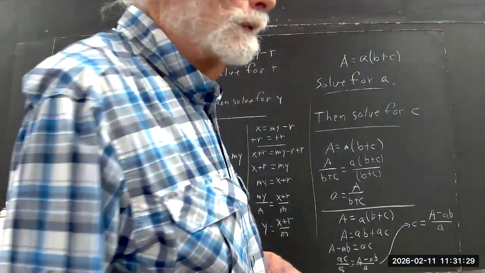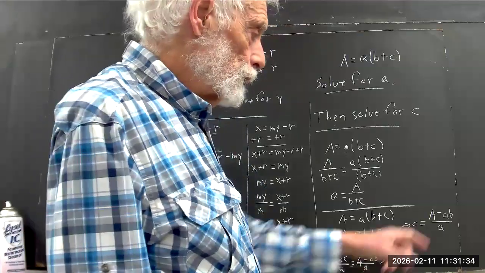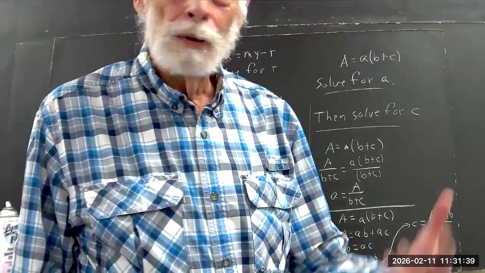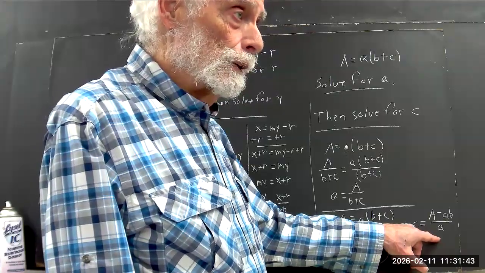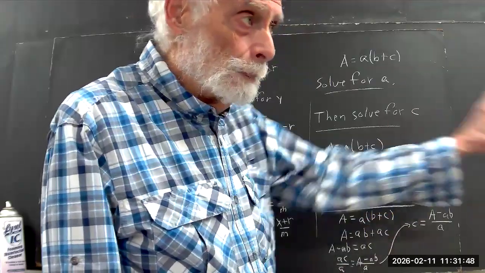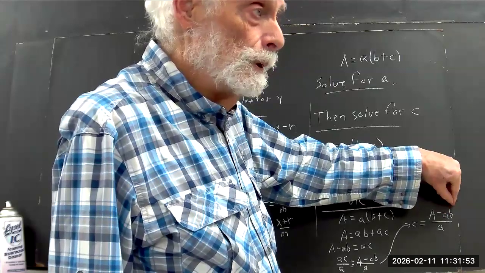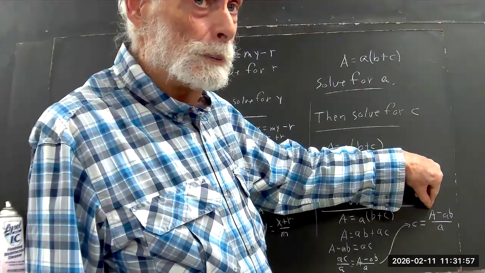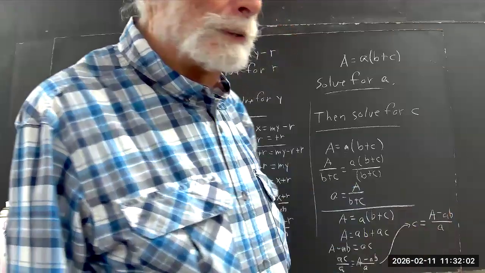Now, people will do bad things here. They'll see this and they'll cancel out the two a's on the right-hand side. You can't do that. You can cancel a factor of the denominator with a factor of the numerator. A factor is something that's multiplied by everything else in the numerator, and little a in the ab is not multiplied in any way by the big A in the numerator. So you can't just selectively divide out the a's here.